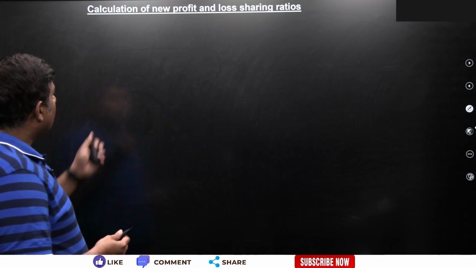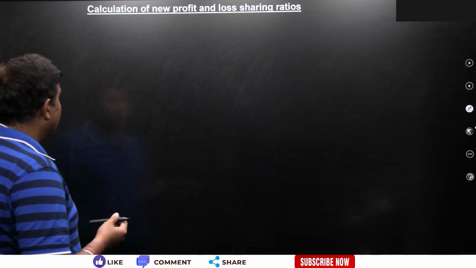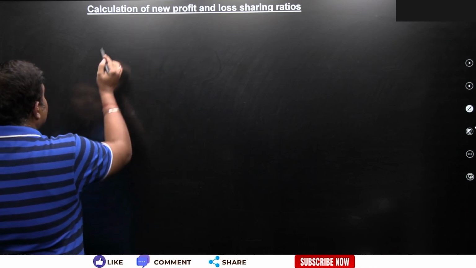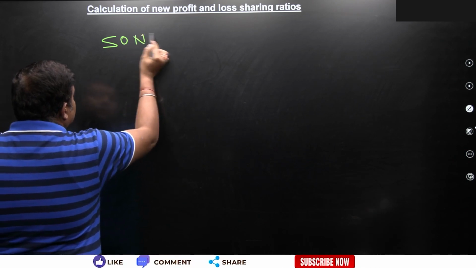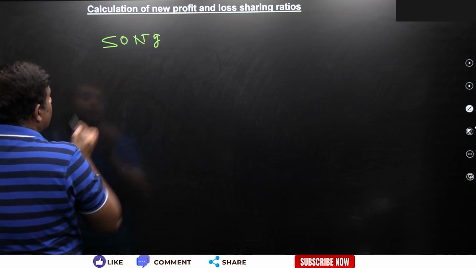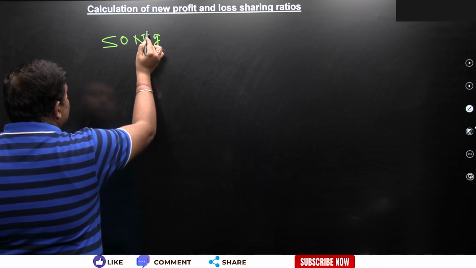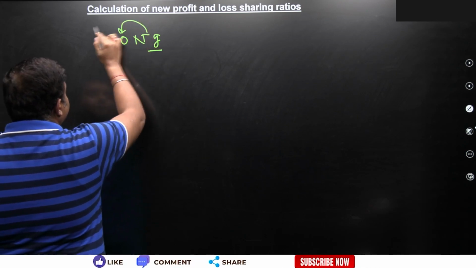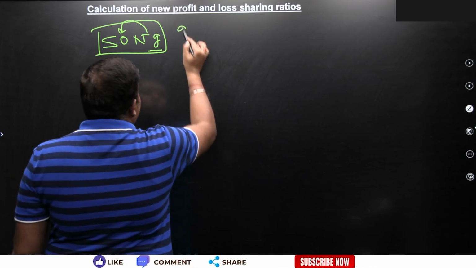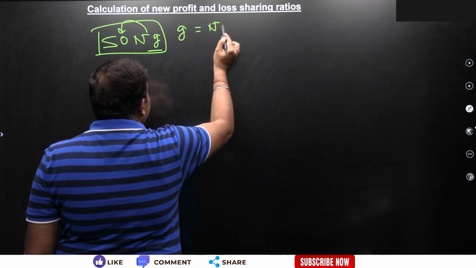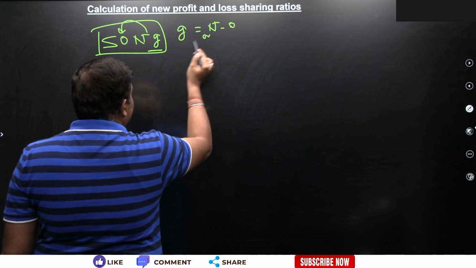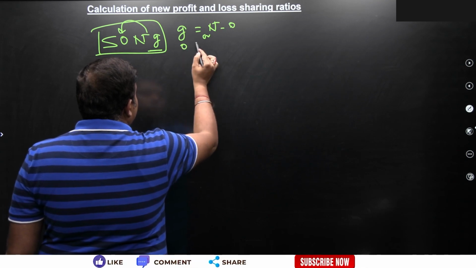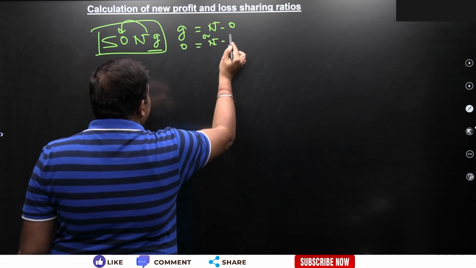Whenever you are talking about the calculation of the new profit and loss sharing ratio, I would like to talk about three formulas. In order to ascertain the gaining ratio, the formula is new minus old. While calculating the old ratio, the formula would be new minus gaining.